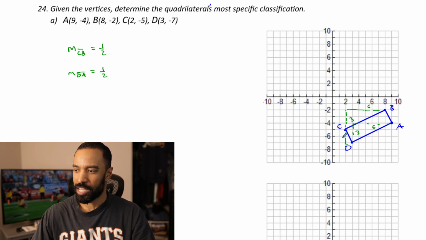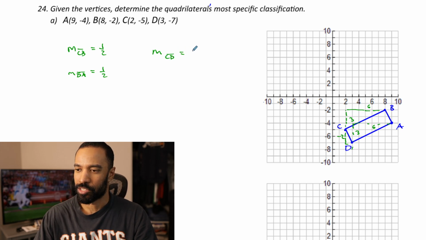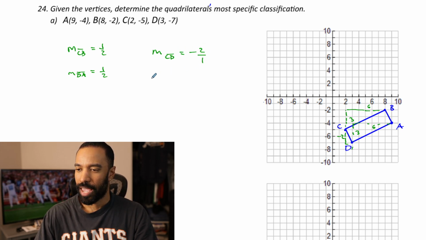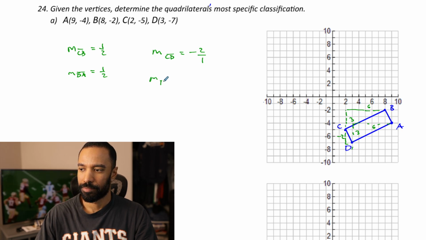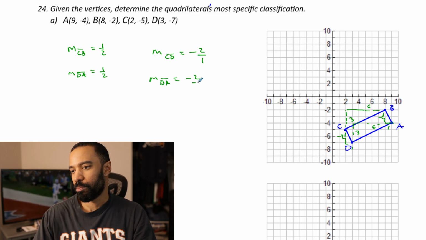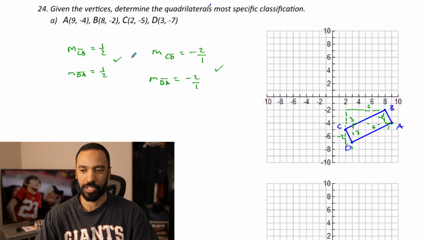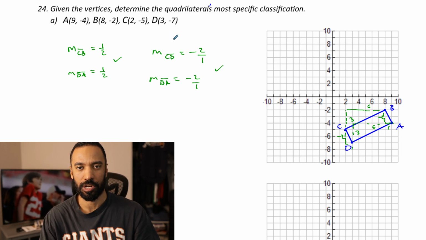Now from C to D, you go down 2, right 1. So the slope of CD is -2/1. And the slope of BA is also down 2, right 1. Now, I confirm these are the same slope, these are the same slope, opposite sides parallel makes it a parallelogram.